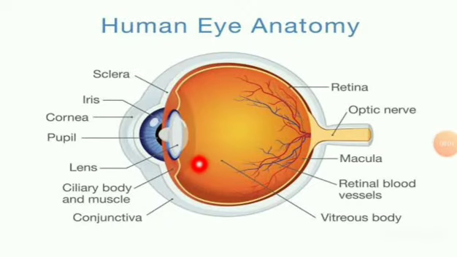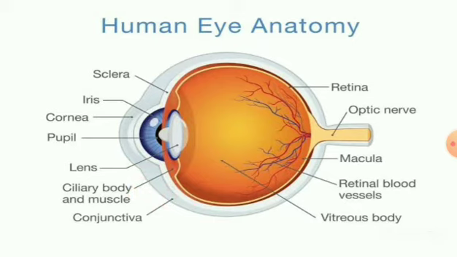Let us see one by one. First, sclera. It is a tough and thick white layer that protects the inner part of the eye. We know it as the white of the eye. Second, conjunctiva. It is a thin transparent membrane that is spread across the sclera.